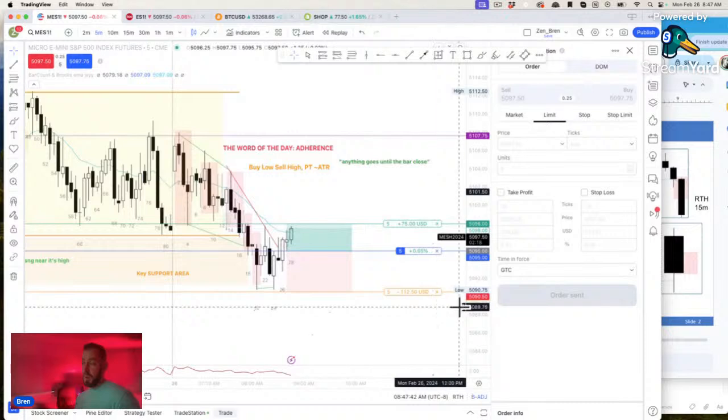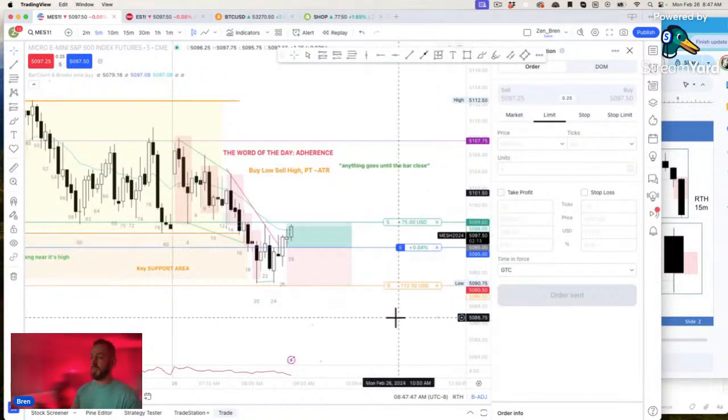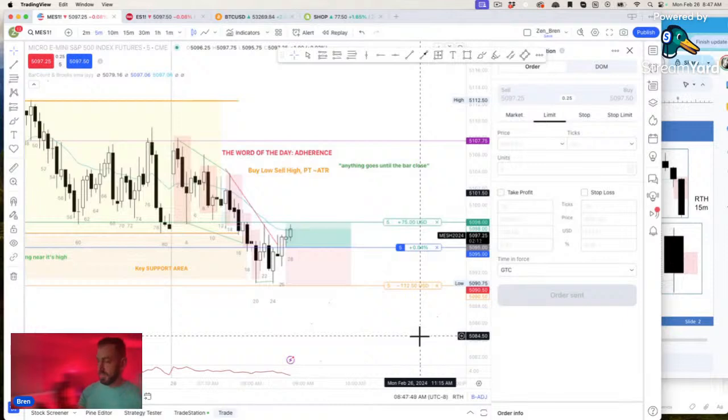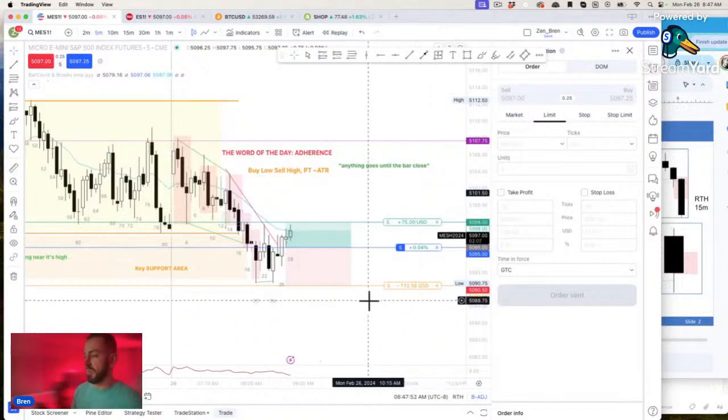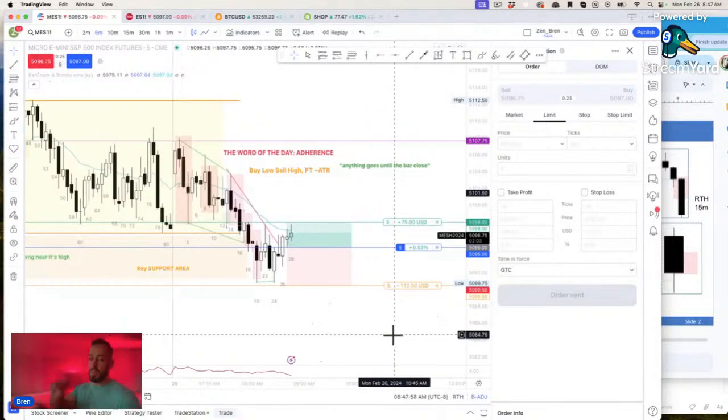We're one tick from our profit target, guys. One tick, okay? 2 minutes on the candle.